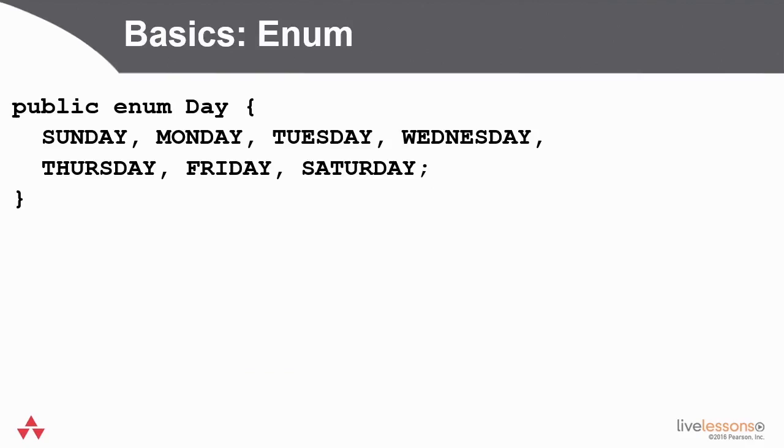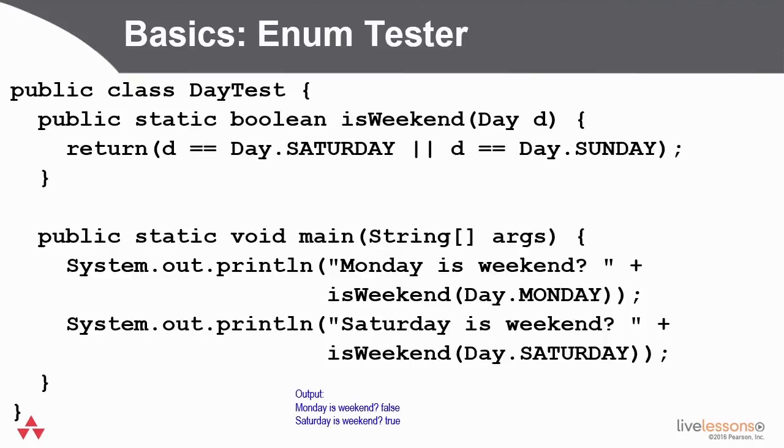Okay, here's a simple example, an enum called day. Think of this as a class called day, but with 7 instances: Sunday, Monday, Tuesday, Wednesday, Thursday, Friday, and Saturday. In this particular case, we haven't defined any methods or constructors, but it's still a class. And so to use it, I can refer to the class name day.